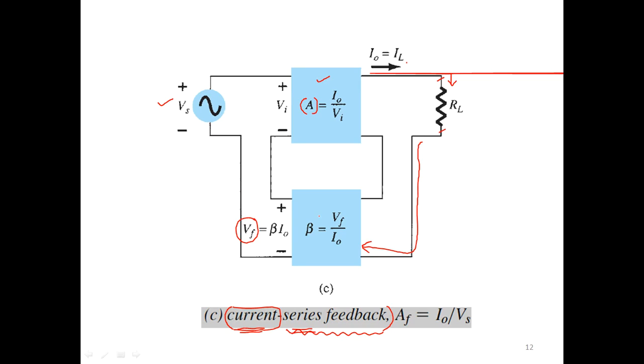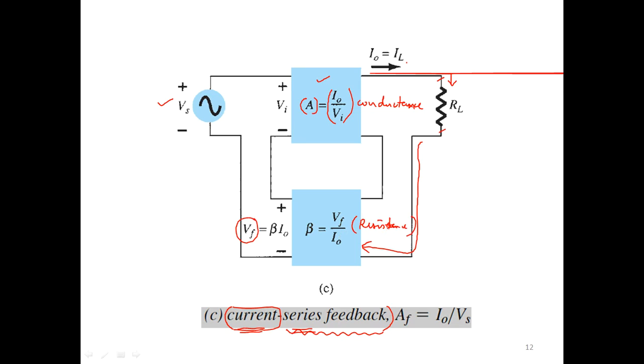By the way, what about the units now? The unit for gain is current upon voltage, so it is conductance. The gain parameter is associated with conductance. What about the feedback factor? It is voltage upon current, so the unit is resistance.